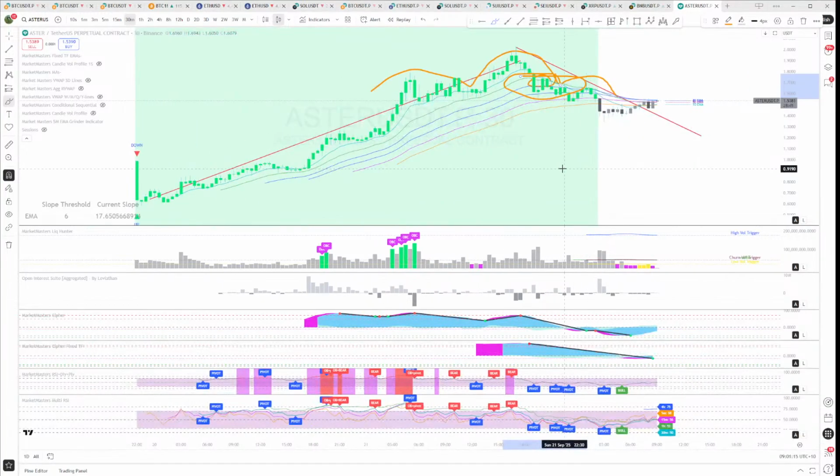So just based on the crypto bubbles, saw Asta had a massive move. I've been kind of out of the news, so I didn't really understand what was going on. Did a little bit of research, realised that it was the Binance version of Hyper, so I thought that was a good degen play.